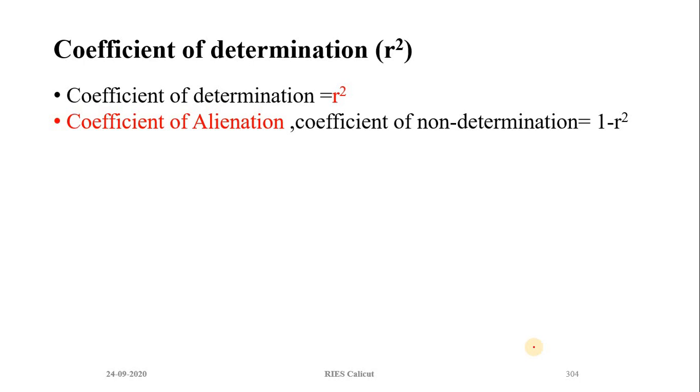This is called the coefficient of determination. Just the opposite of this is the coefficient of alienation, or coefficient of non-determination. It is 1 minus r square.